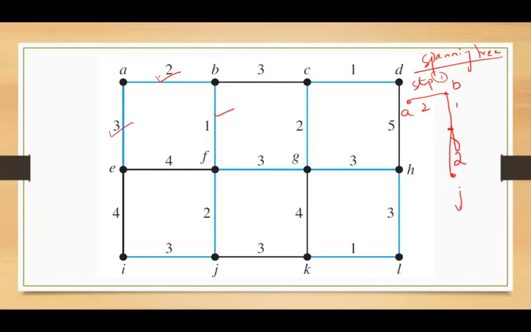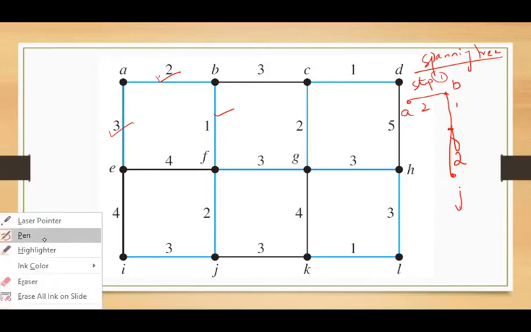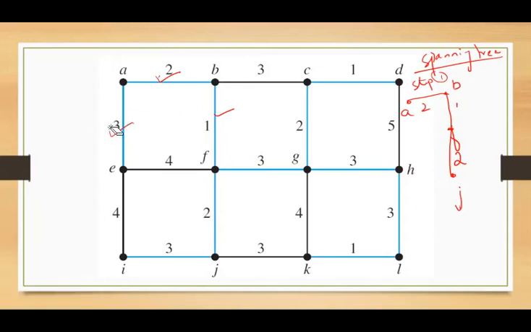Now you have selected 3 edges. Let's highlight them. After that, to these three, which connected edges have the smallest weight?